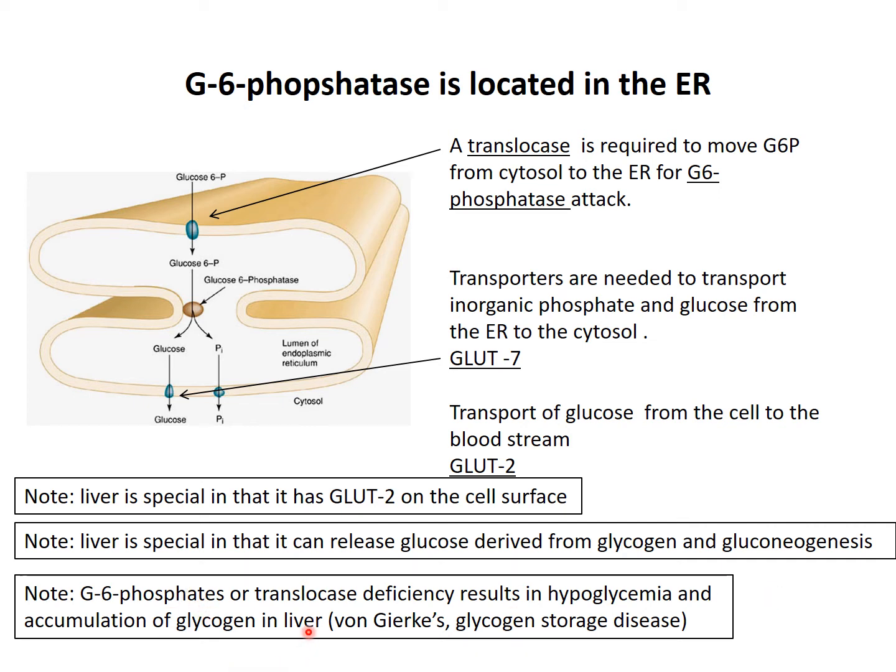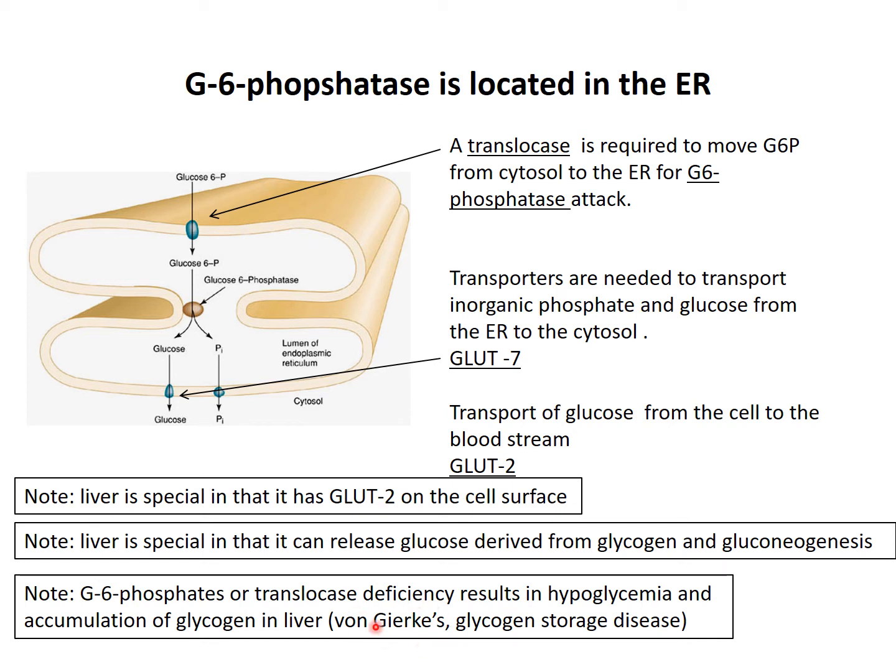And please note, as I go to the next slide, that glucose 6-phosphatase deficiency is well known. This is a genetic disorder, and it can be either a problem with the translocase or a problem with the enzyme. It does not really matter which one is not working properly. We call it the same disease because the outcome is the same.